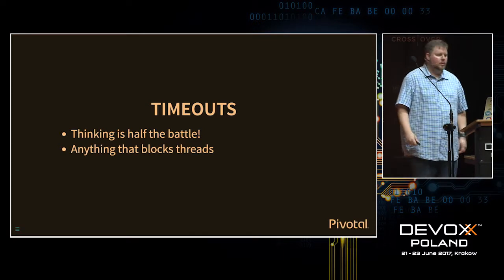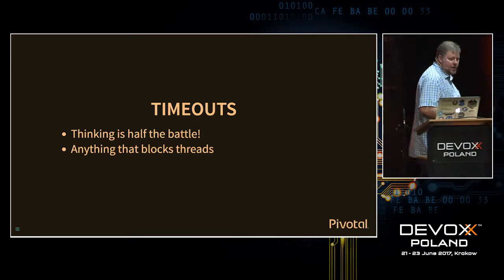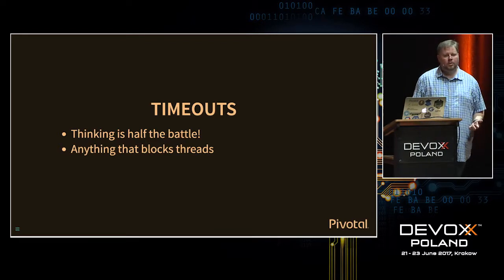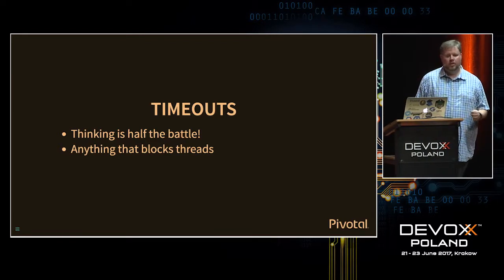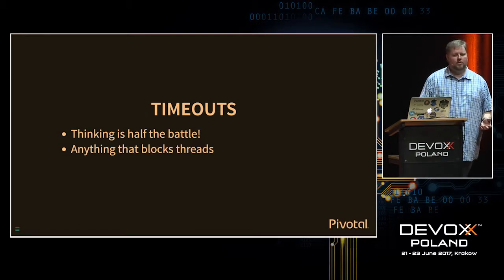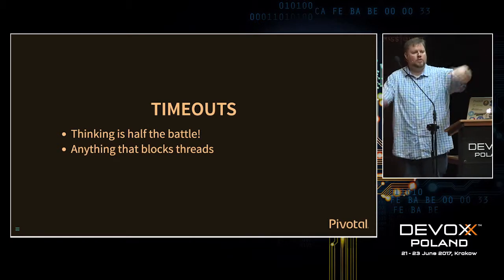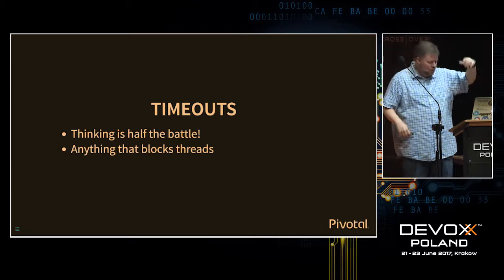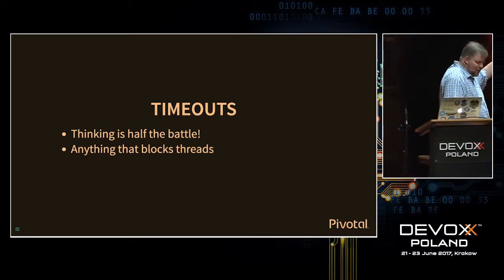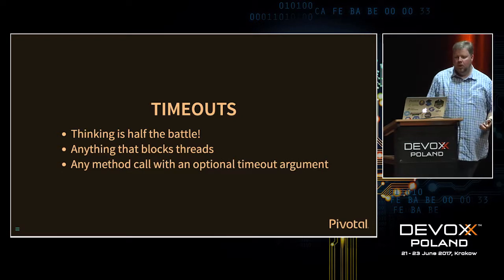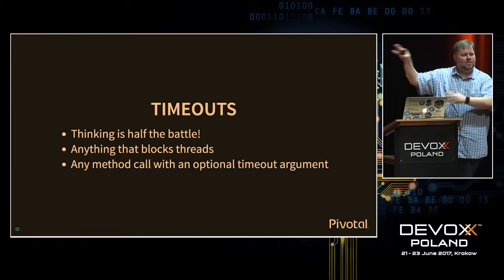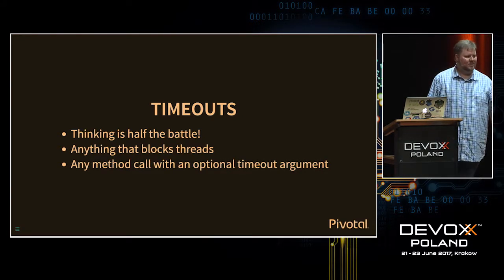If you're looking at an API that you're using, some library that you've pulled in, you look at method calls. If you have a method call that has no timeout argument, and then you have another overloaded version of that method that has an optional timeout argument, always call the version that has the timeout argument.